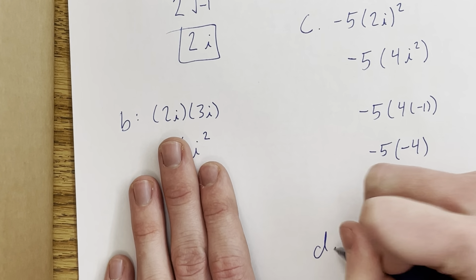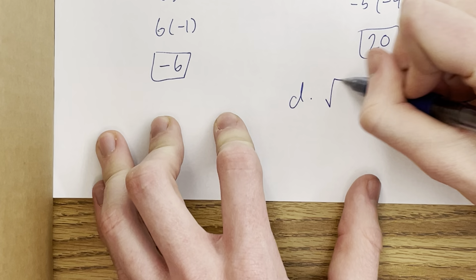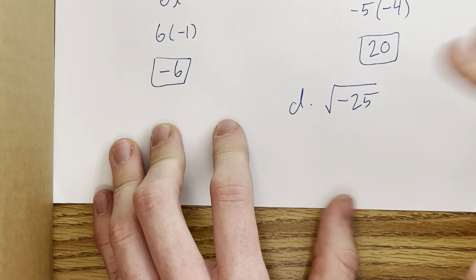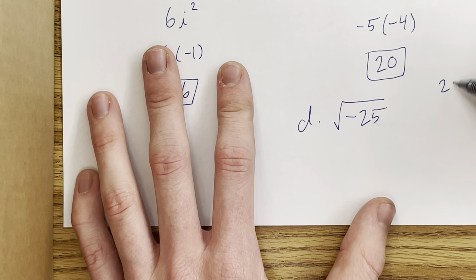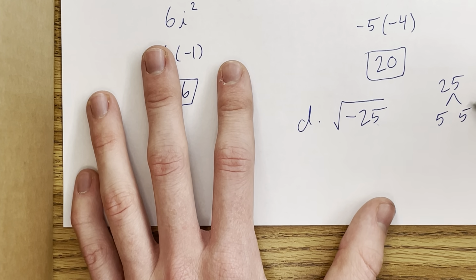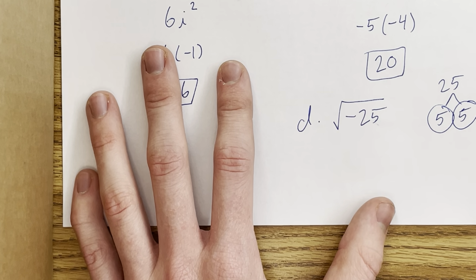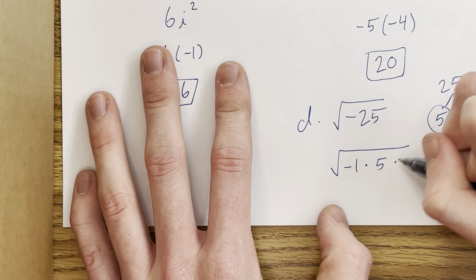And then finally, part D, this will be the last one, I promise. Part D, we have the square root of negative 25. We're going to break this one down as far as you can go. Factors of 25, 5 and 5. Those are prime numbers. So we end up with square root of negative 1 times 5 times 5.